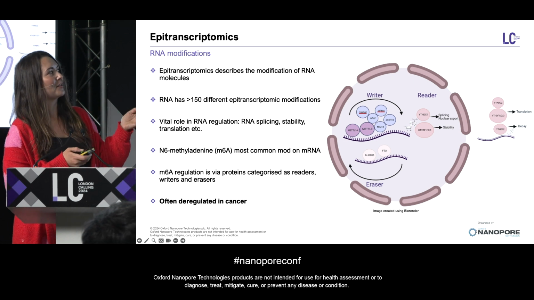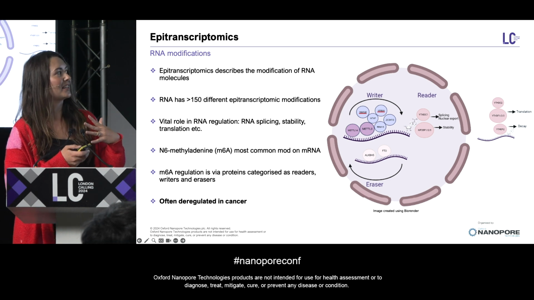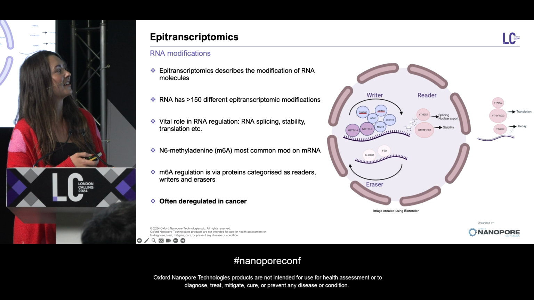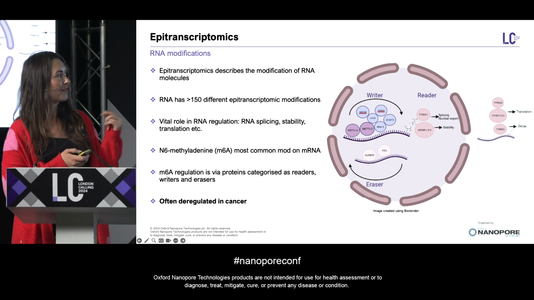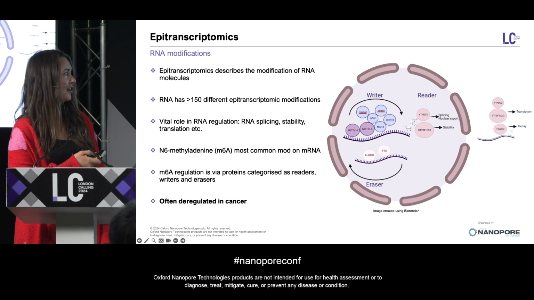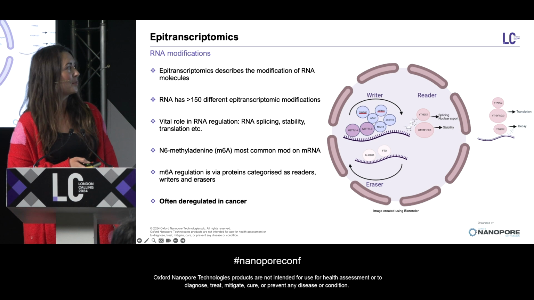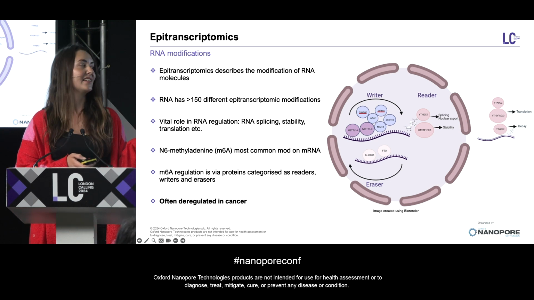It wholly depends on nuclear or cytoplasm, or it could be the DRACH motif site. It's a very complicated process. We've also got erasers, which are demethylases, such as FTO and ALKBH5. And most importantly, often this process is deregulated in cancer.